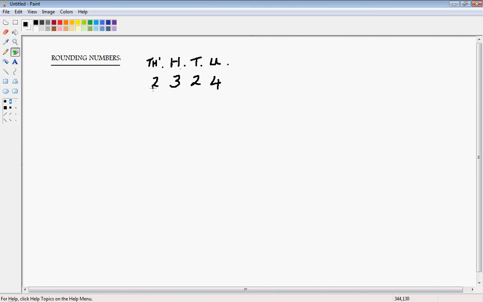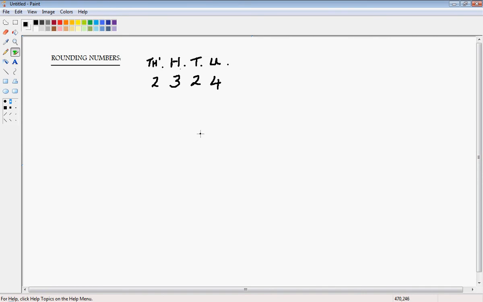Okay, so this is what we call number placement. So where the number is dictates the value of the number. So here we could say, well, how many hundreds do we have here? So we have 3 hundreds. Here we have 2 thousands, and so on.